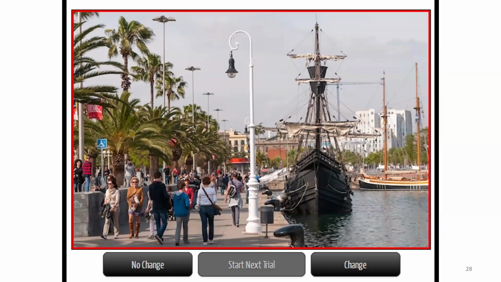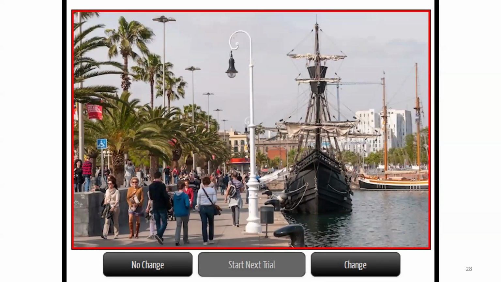So in this case, you might say to yourself, well, is it the tourist in the blue shirt? Let me take a look. No, not the blue shirt. Is it the tourist in the orange jacket with the brown boots? No, it is not. Is it the wheelchair sign? No, it's not. Is it the second palm tree from the left? No, it's not.